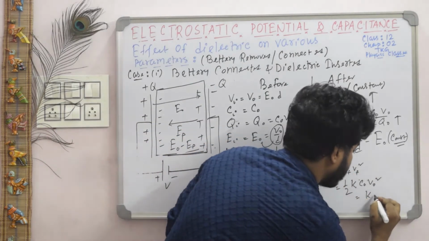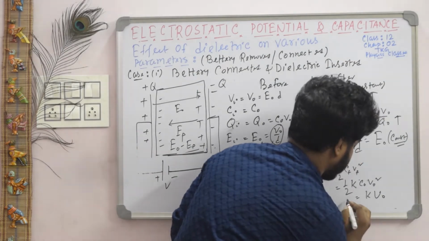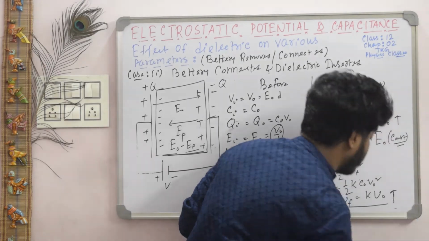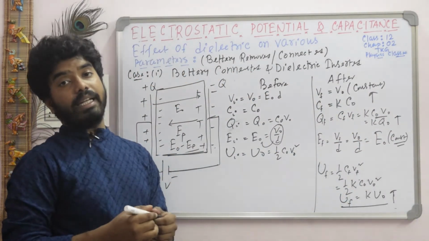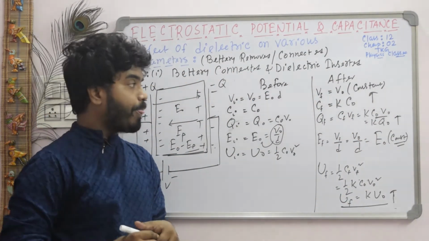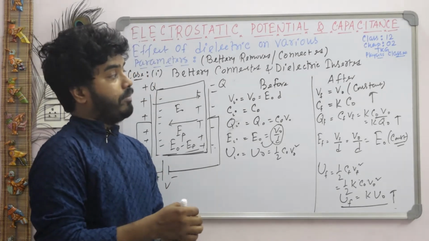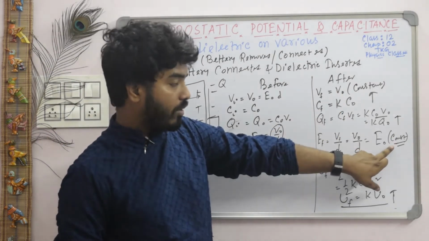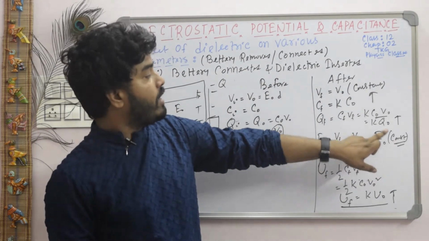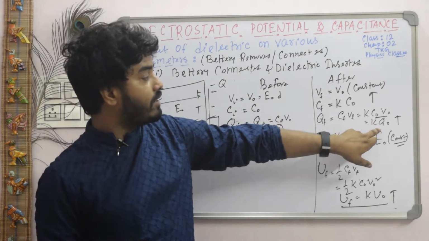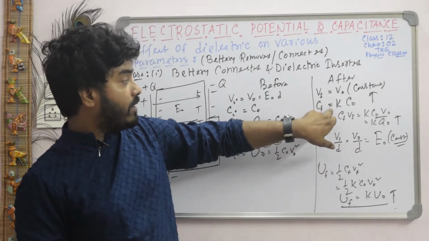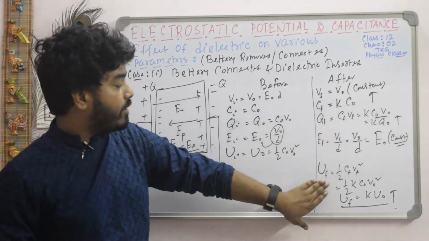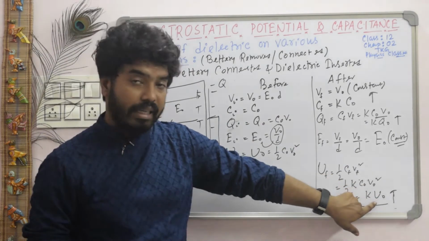So this part becomes k U naught. So the final potential energy increases k times. Okay, so this is our second problem. What happened here? Here potential remains constant as well as the electric field. Here charge increases k times, capacitance always increases k times in both cases, and here potential energy increases k times.